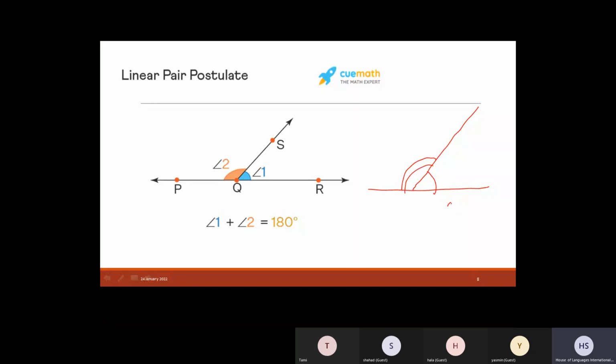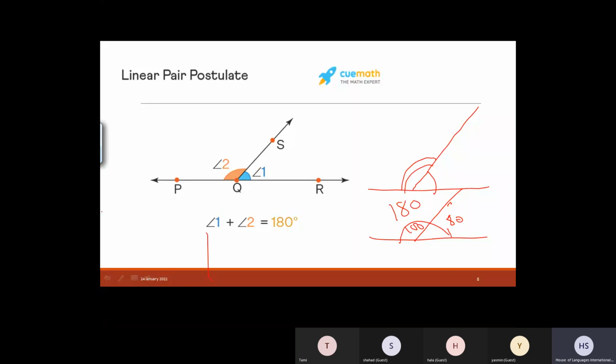So now, here, it forms a line. I told you from the beginning that the angle of a segment is 180. If there's one that's cut like this, if this is 80, this will be 100. Why? Because their summation is 180. So which postulate do I use? We call it linear pair.